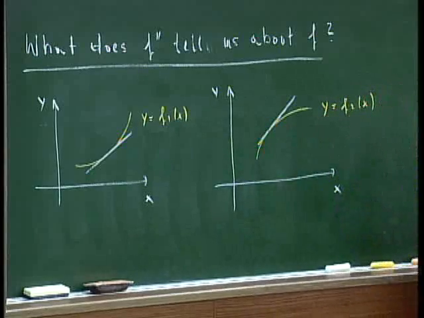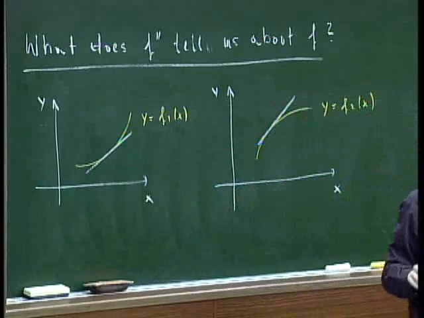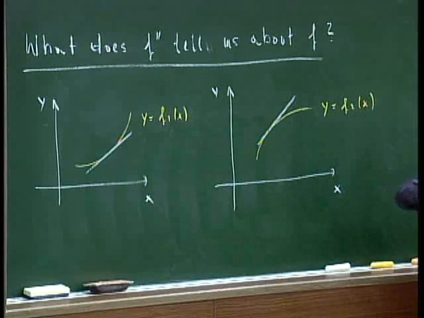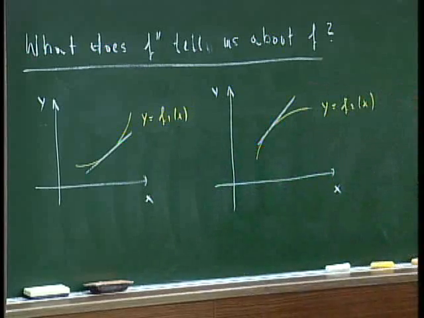You have maybe learned in high school that this function is called concave upward, and this function here is called concave downward. The definition of a concave upward function is that at all points, the tangent lies below the function, and the definition of a function which is concave downward is just the opposite.